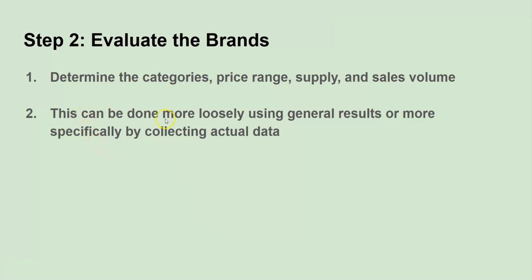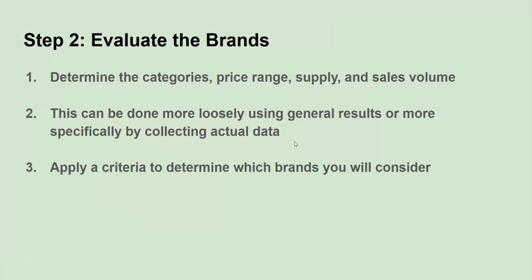You can do this more loosely, where you just search the brands, look at the results, and make some conclusions. Or you can do it more specifically by actually collecting real data, using actual formulas, and calculating these things. There are different ways we can do this, and I get into that with some different tools.